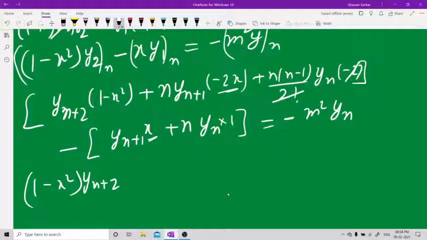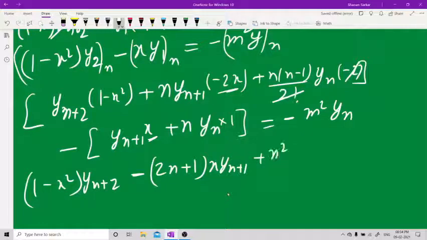Then let's start writing: 1 minus x square y(n+2). You have this one and this one. Let's see. Now you have this is minus 2n plus 1 x y(n+1). Then you have plus n square yn with a minus sign. This n square yn, this minus sign is here.